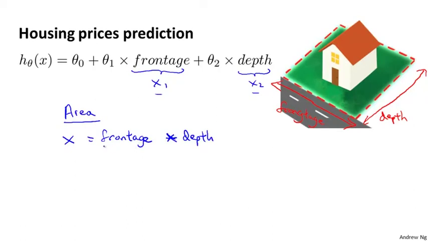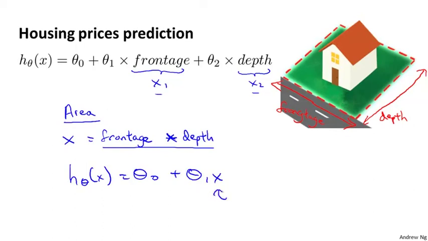So frontage times depth, because this is the land area that I own, and I might then select my hypothesis using just one feature, which is my land area, right? Because the area of a rectangle is the product of the length of the sides. So depending on what insight you might have into a particular problem, rather than just taking the features frontage and depth that we happen to have started off with, sometimes by defining new features, you might actually get a better model.